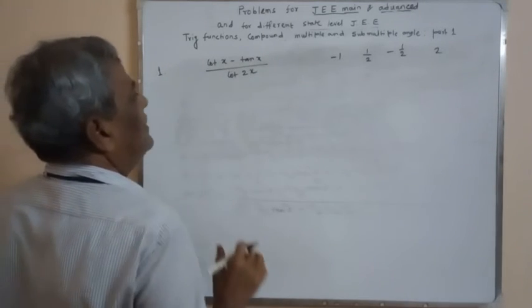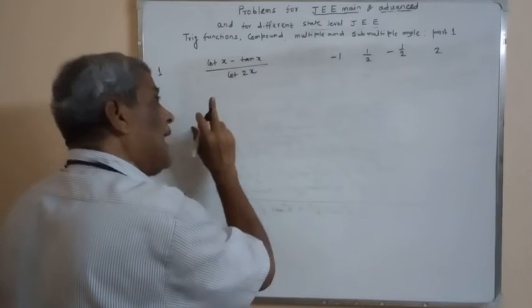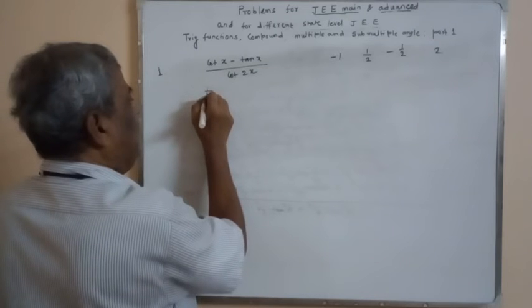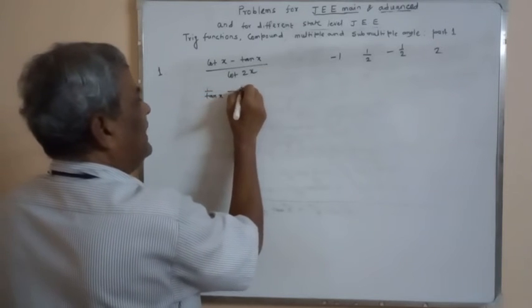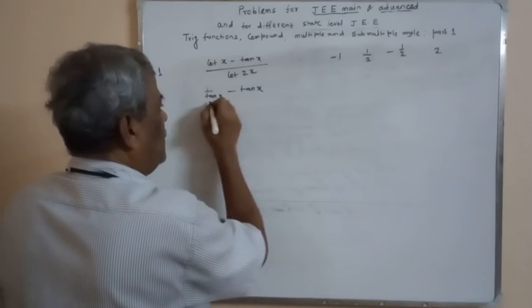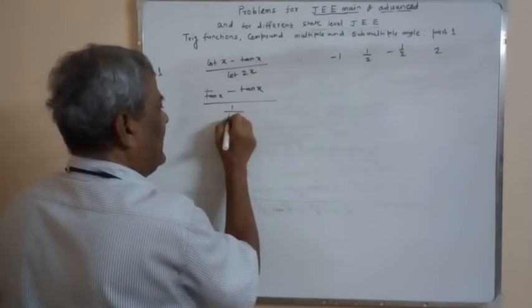Now this can be written in terms of tan x and tan 2x. It is equal to 1 by tan x minus tan x, by cot 2x, which means 1 by tan 2x.